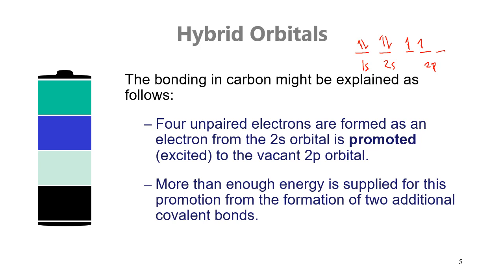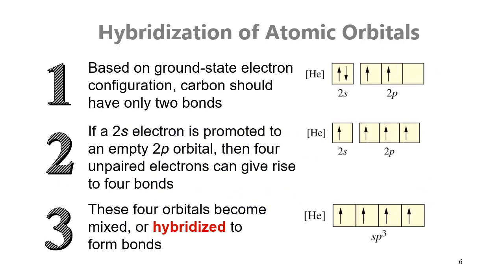All right, so this is the electron configuration for carbon, and more than enough energy is supplied for this promotion. So for hybrid orbital theory, this promotion allows the formation of two additional covalent bonds. We can refer to this orbital diagram. The first case is the ground state electron configuration. You have to mention this is the ground state, which is the normal state. Carbon should only have two bonds, which is this in 2p, right? 1, 2.